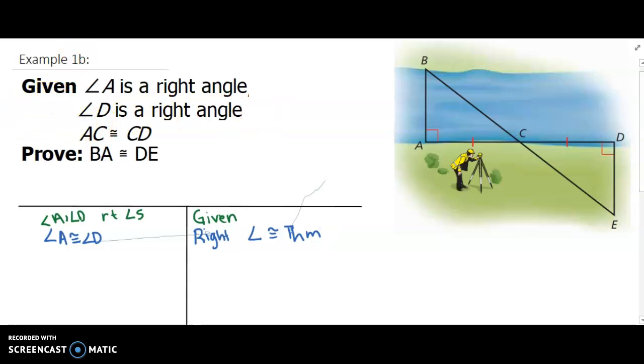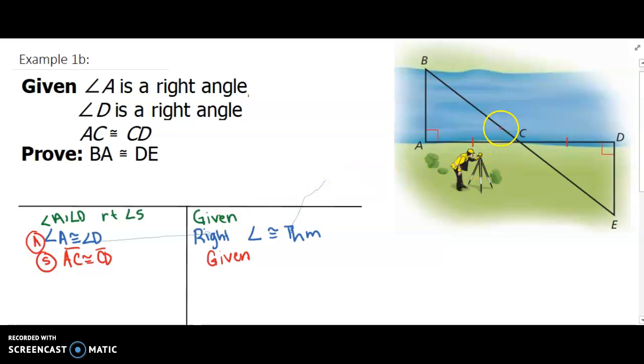Okay. Now, we also are given that AC is congruent to CD. That's given as well. So we have an angle here, a side here.